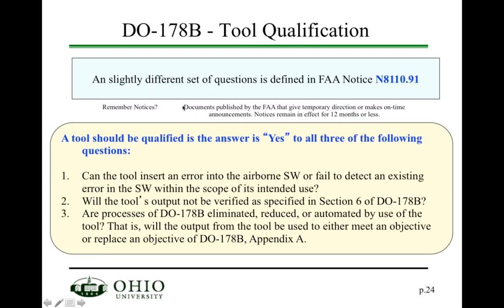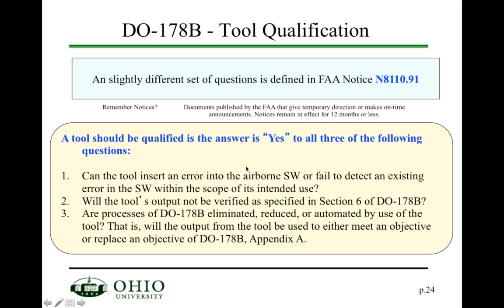Okay, another way to look at this is actually given in one of the FAA notices, 8110.91, and there it formulates three questions. It says a tool should be qualified if the answer is yes to all three of the following questions. Can a tool insert an error in the airborne software or fail to detect it?